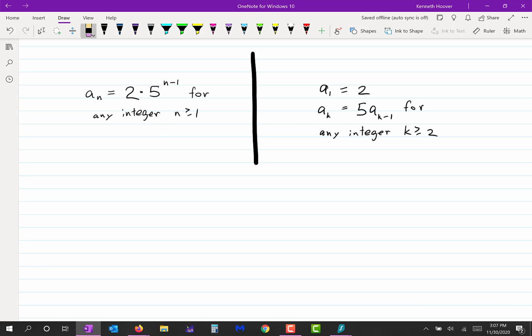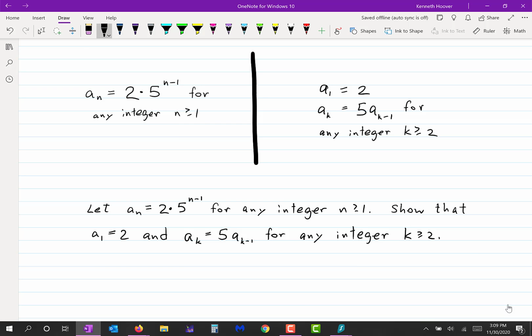Okay, so look at those two definitions there. The one on the left is an explicit definition for a sequence. The one on the right is an implicit or recursive definition for a sequence. We're going to prove that those two definitions will give you the same sequence. Okay, so here's how I'm going to write it.